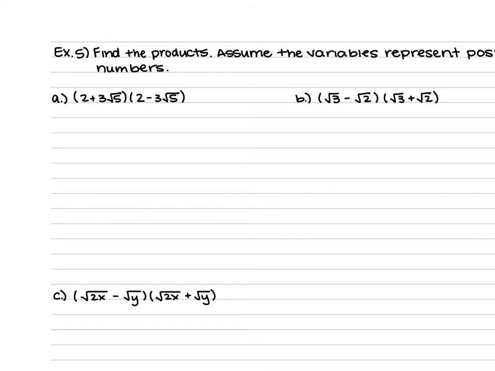These two sets of parentheses are conjugates of one another. So the conjugate of 2 plus 3 square root 5 is 2 minus 3 square root 5. The reason why they're called conjugates is because, again, they are going to have the opposite sign in between the two terms that are there, and it will cancel out the radicals within your expression.